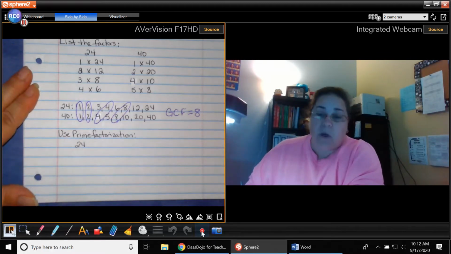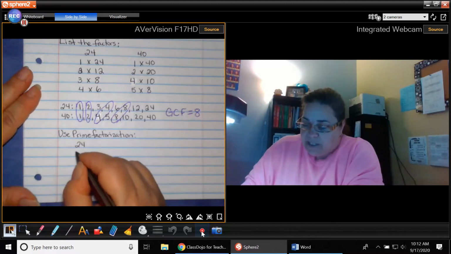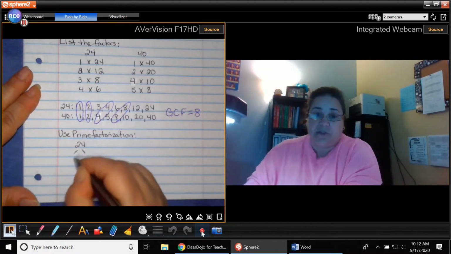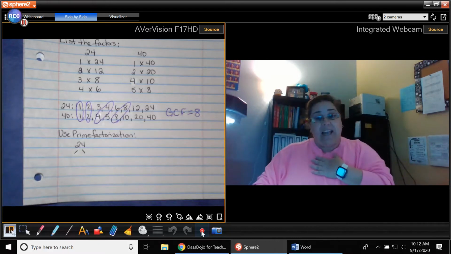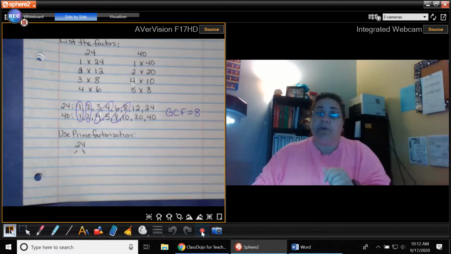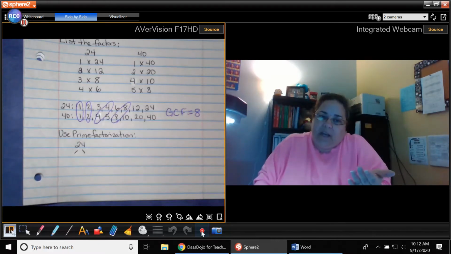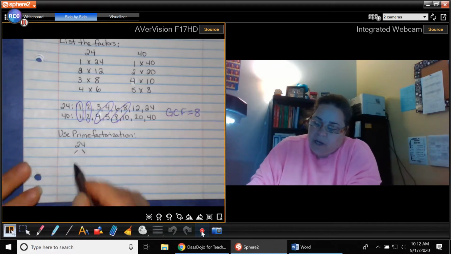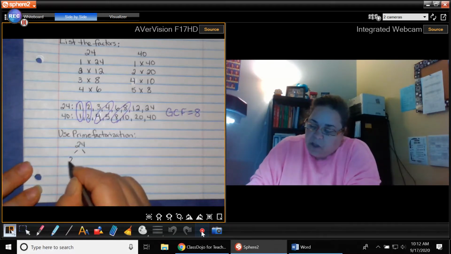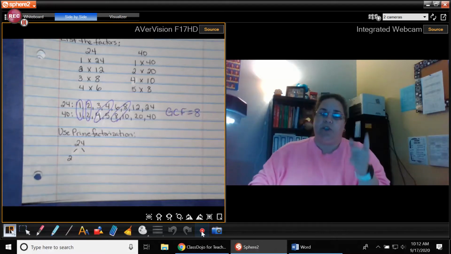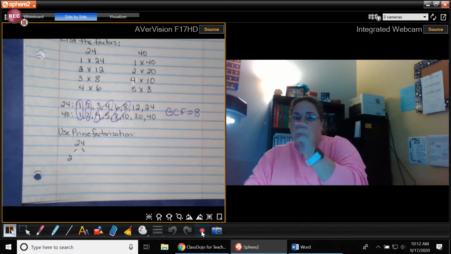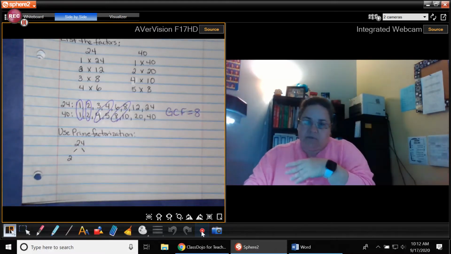Well, remember when we do prime factorization, we're just looking for a pair of factors, right? But I like to use the smallest prime number that goes into the number. So the smallest prime number is 2, right? Because remember, 2, 3, 5, 7, 11, 13, 17, 19.